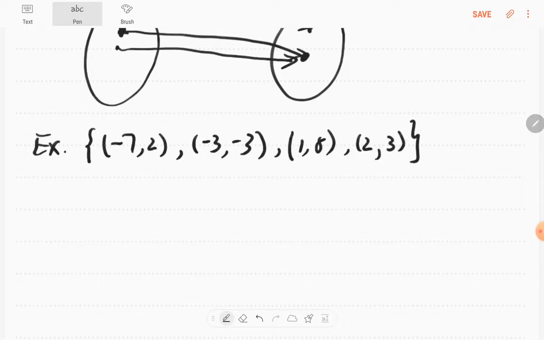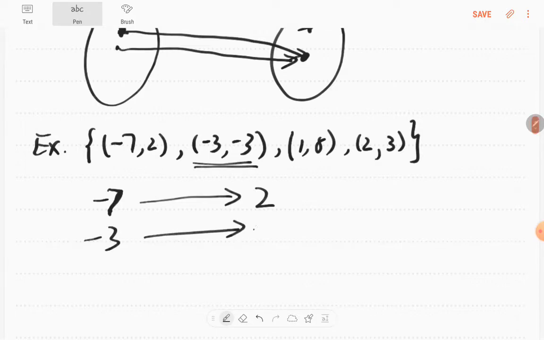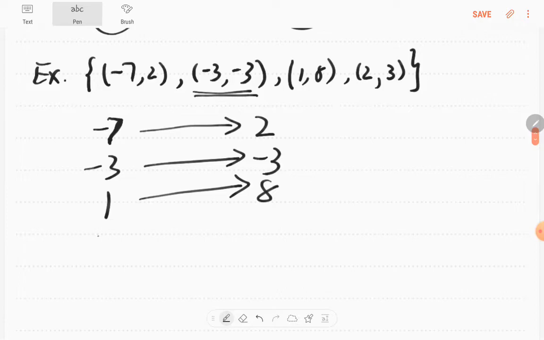So you can see this set of points tells you that -7 corresponds to 2, -3 corresponds to -3, 1 corresponds to 8, and 2 corresponds to 3.